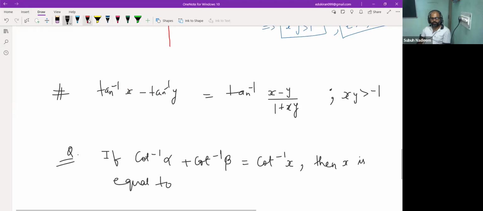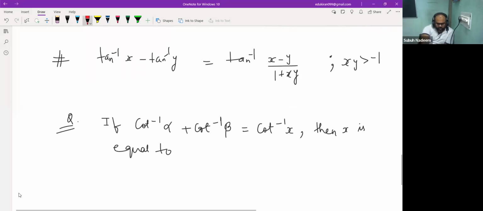Sir, after converting cot into tan, can you take tan inverse as common? We're converting cot to tan, right?